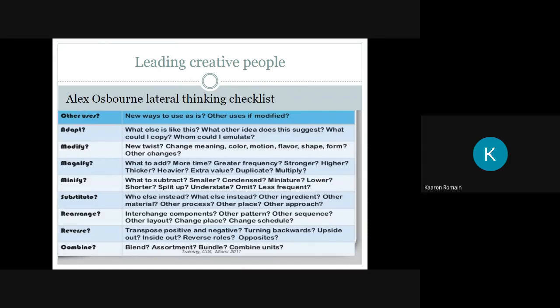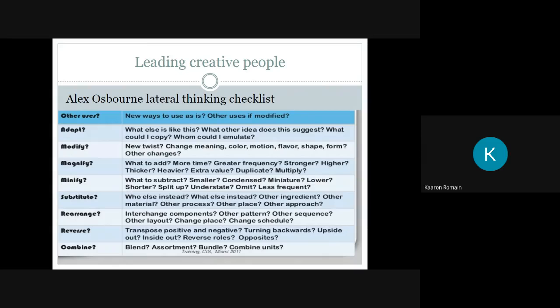Minify: what to subtract? Smaller, condense, miniature, lower, shorter, split up, understate, omit, less frequent. Substitute: who else instead? What else instead? Other ingredients, other material, other process, other place, other approach.